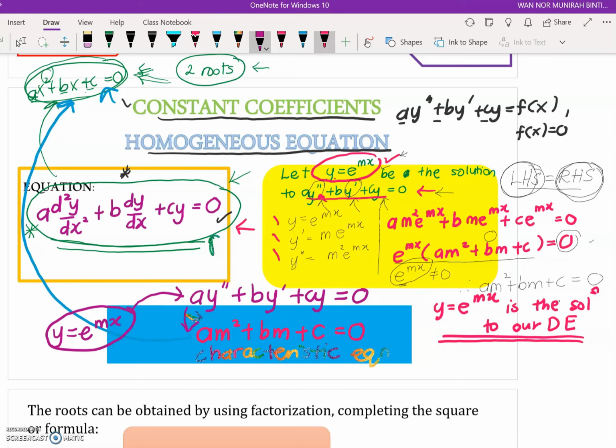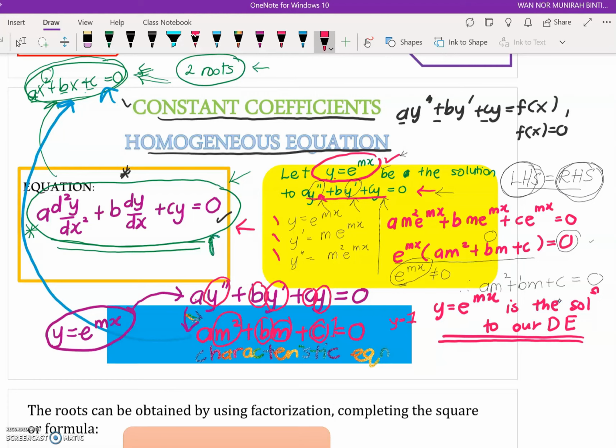So by comparing these two equations, I can conclude that a is a, but your y double prime is m square, your b is b, your y prime is m, your c is c, and your y is 1 here.